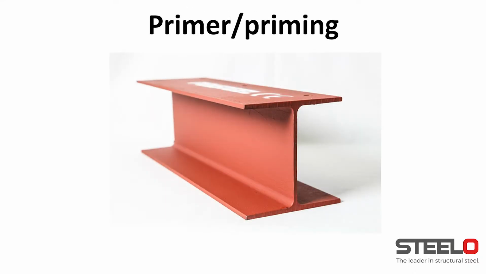When it comes to the coatings, the most common coating that you'll come across is basically a primer. So the beam is primed, and this is normally a zinc phosphate kind of paint that gets applied to the raw surface of the steel beam.